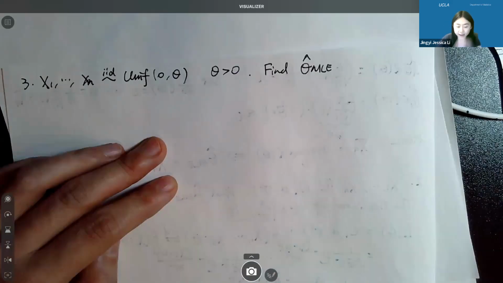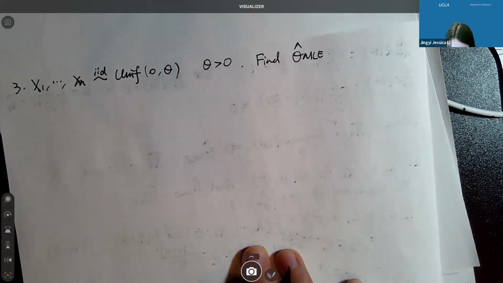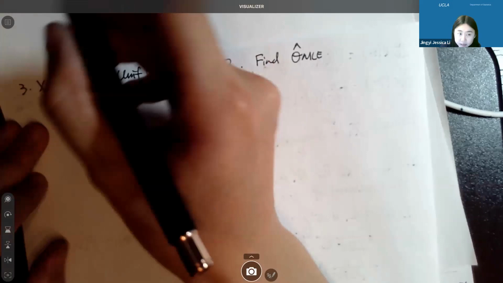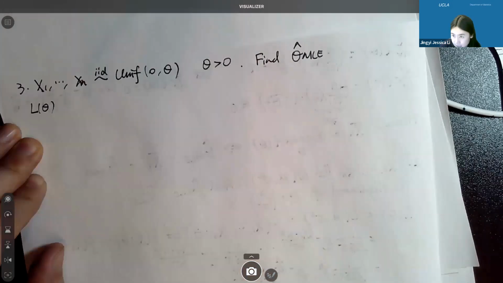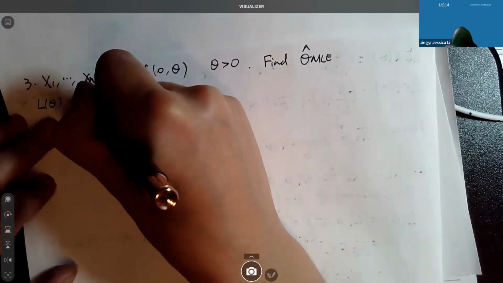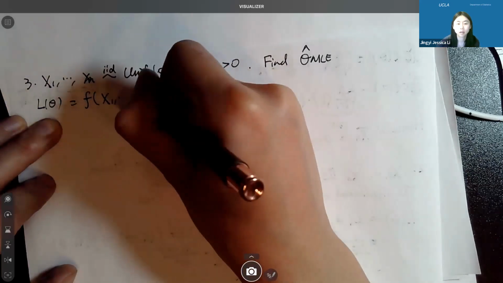We call that theta hat MLE. So we still use the same strategy: the likelihood of theta should be defined, and uniform is a continuous distribution, so it should be the joint density of f of x1 to xn given theta.